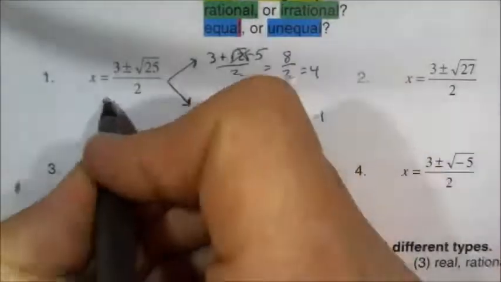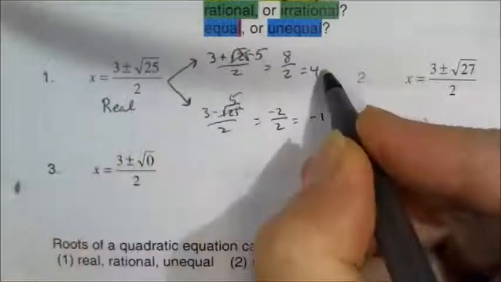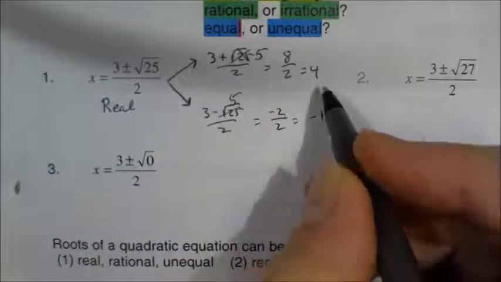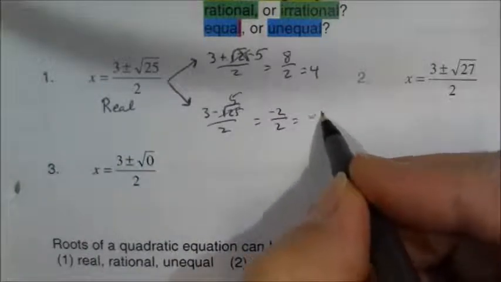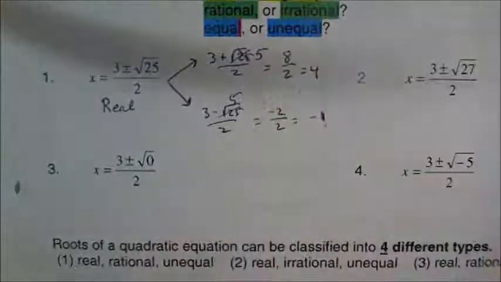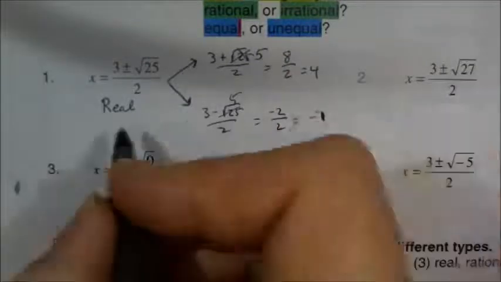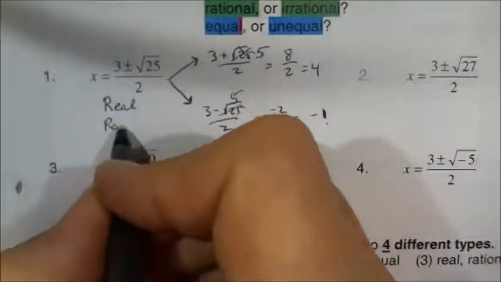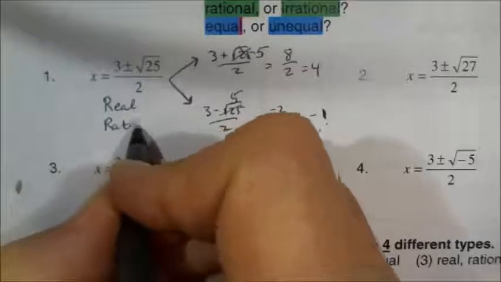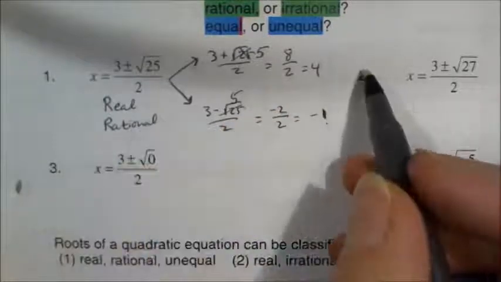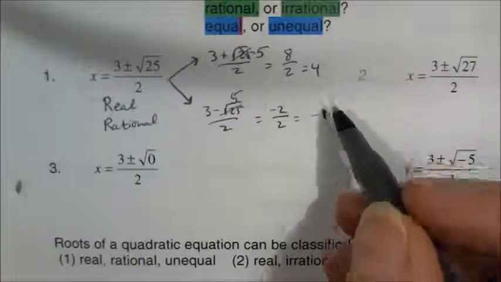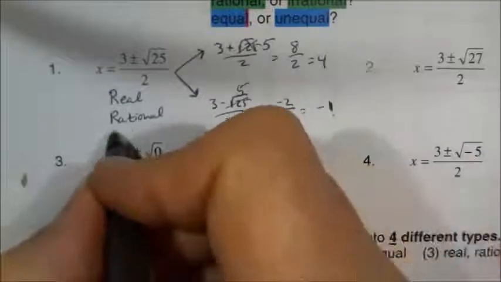These are real numbers. Are they rational? Yes, rational numbers are numbers that don't have a radical that is not a perfect square. So these are rational. And are they equal? No, 4 is not equal to negative 1, so they are unequal.